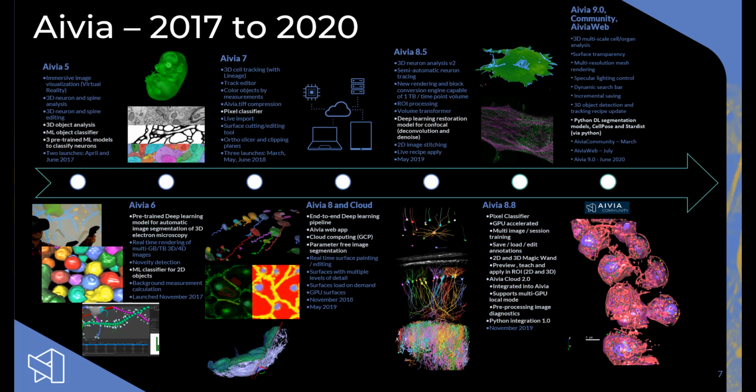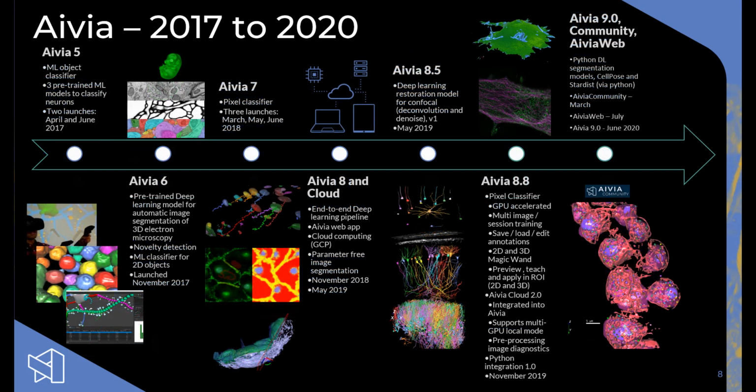I won't go into the full details, but I just wanted to highlight that we are pioneering technology in the AI microscopy space ever since we started with Aivia. So in the beginning of 2017, we were already releasing functionality. If I pull out just the machine and deep learning functionality, this is what it looks like.